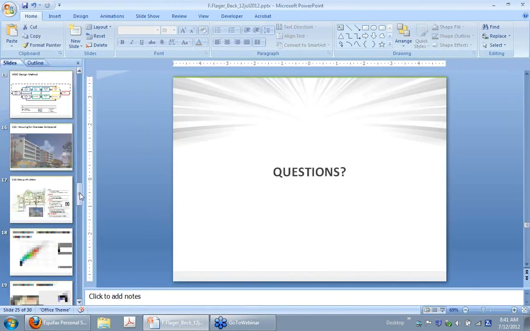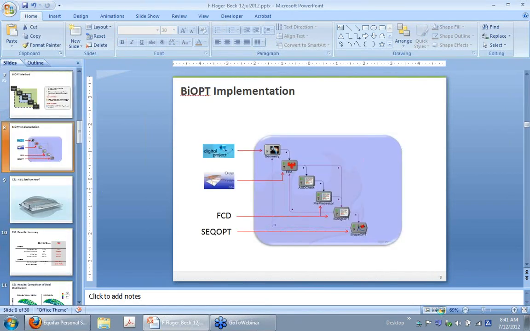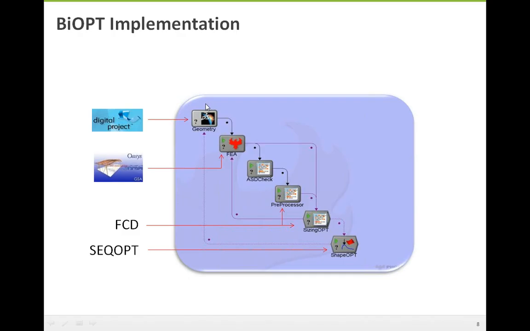Yeah, so the best slide for that is probably this one. In terms of the engineering and analysis tools, we used CATIA Digital Project as the parametric CAD tool. We used a software called Oasis GSA for structural finite element analysis. And then we used custom scripts to check against building code requirements, as well as to program the optimization techniques.